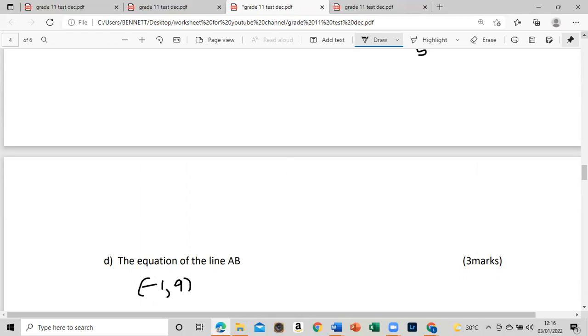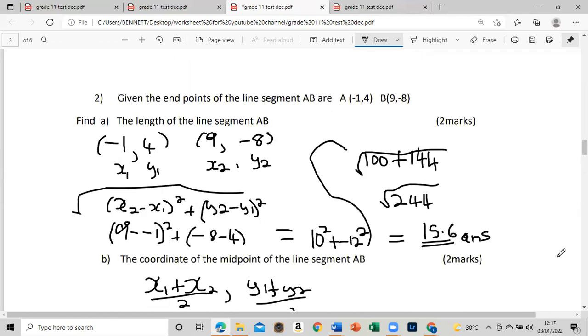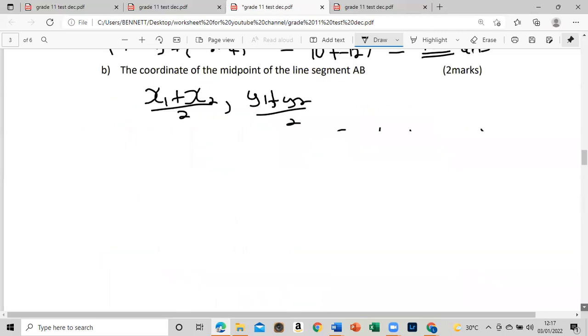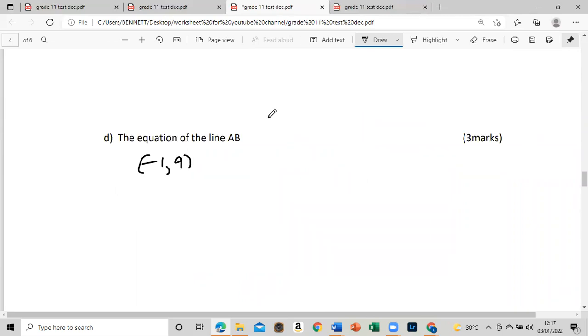This is supposed to be 4. Alright, so I'm going to fix this.